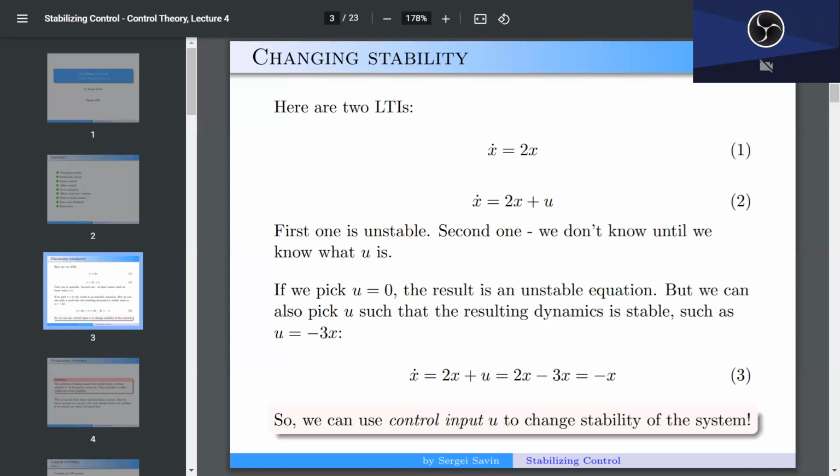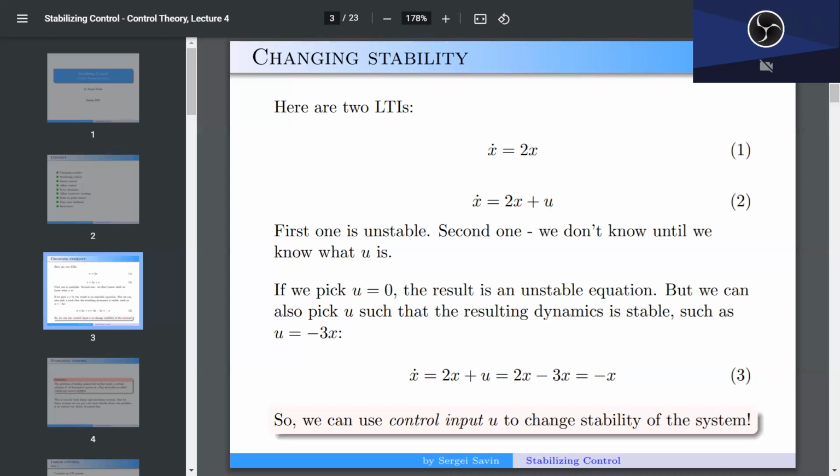For this system, you can just choose U equal to AX, such that A is what? Less than -2, right? Then it will be stable.